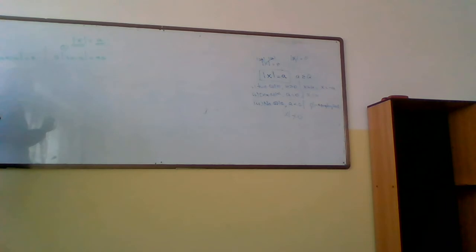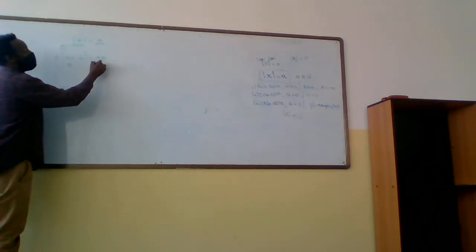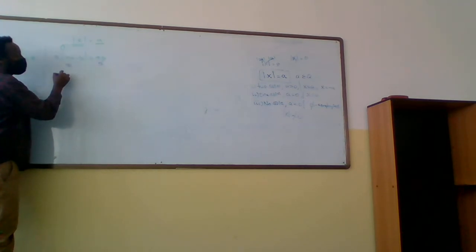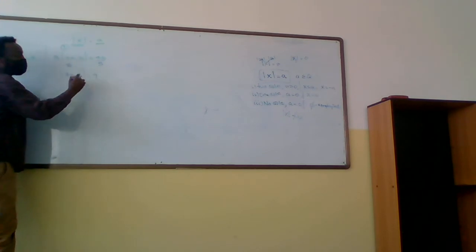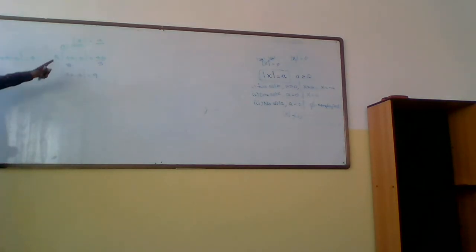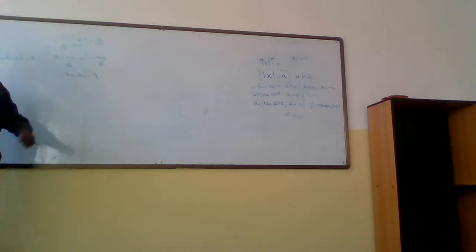Times. So the operation is multiplication. I'll use the inverse operation, which is division. So I divide both sides by 5. Now I have managed to change it into standard form: absolute value of x on one side, the constant on the other side. Are we clear? Yes.